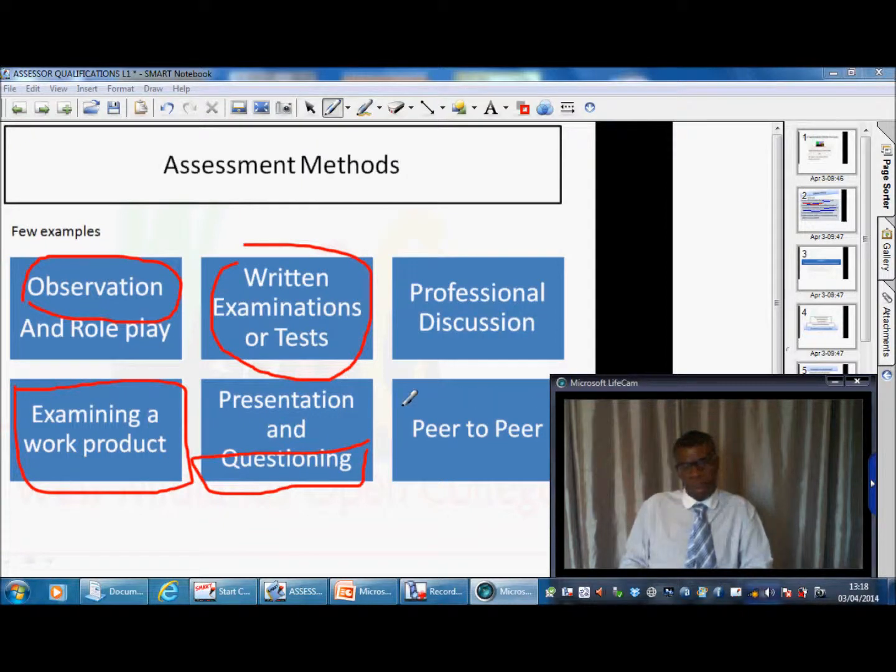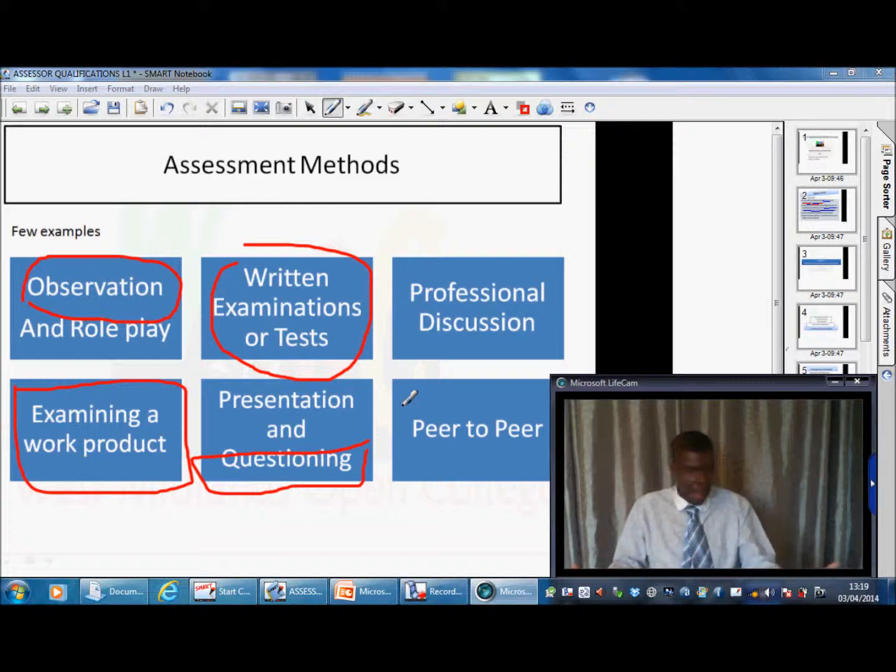Peer-to-peer assessment methods. They're being used in several instances. In my IT projects, I used to use peer-to-peer observations, peer-to-peer assessment, whereby I get the fellow candidate to examine another candidate. They swap a piece of work, then they examine it, then they pass their decisions on it.